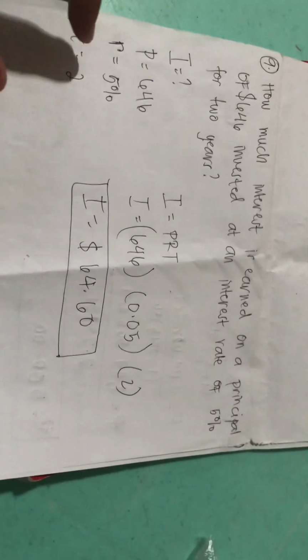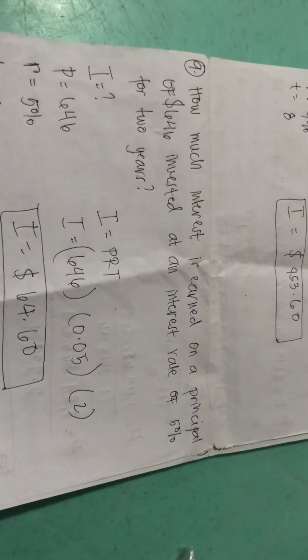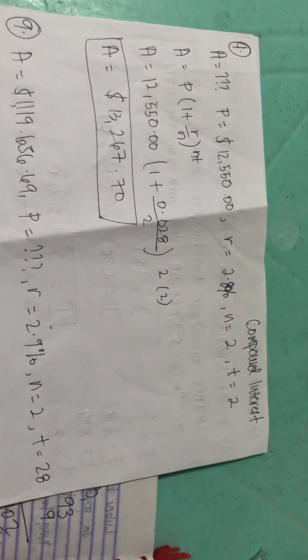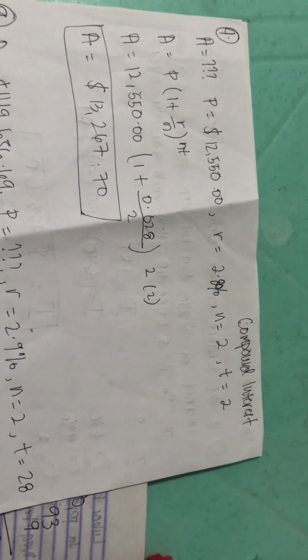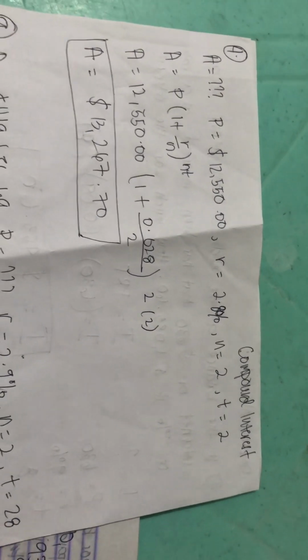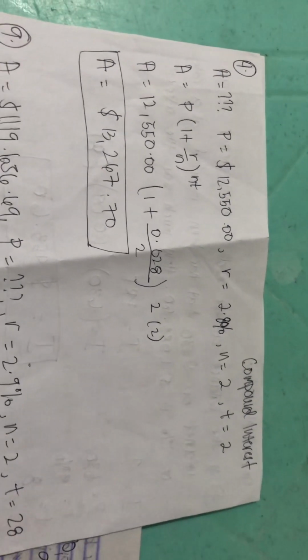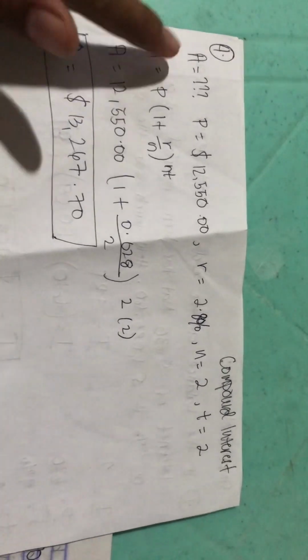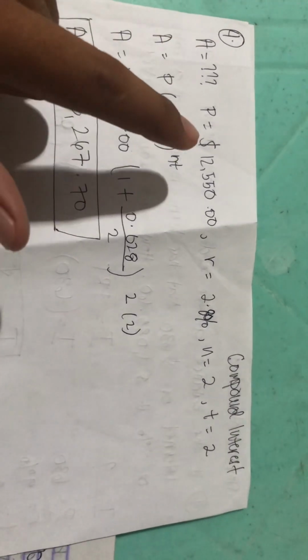So, next is the compound interest. So, in compound interest, I was given problem number 4 and also number 9. So, let's start first with task number 4. So, I have here the problem, where we are looking for the amount.